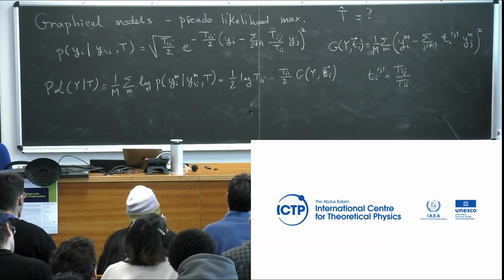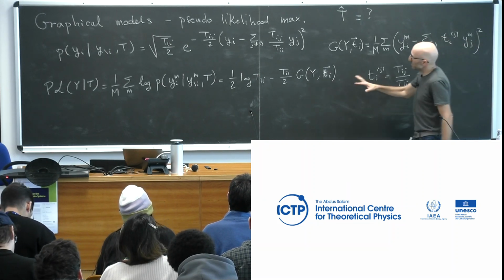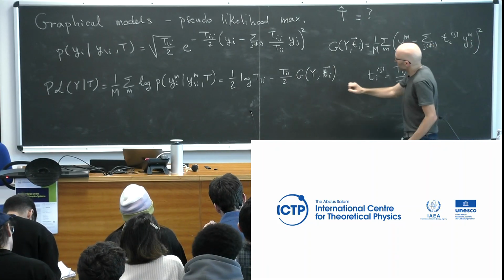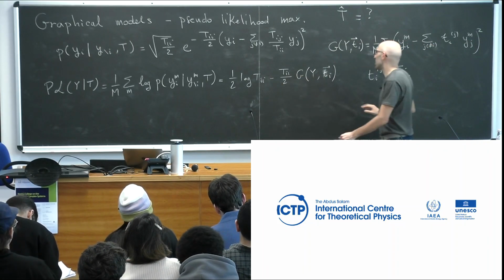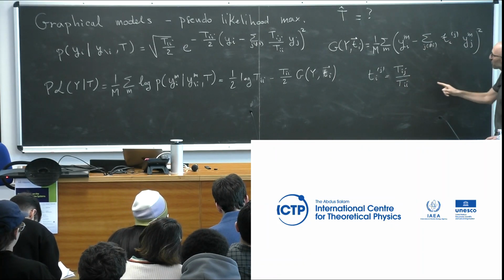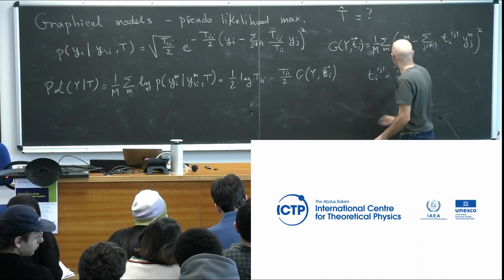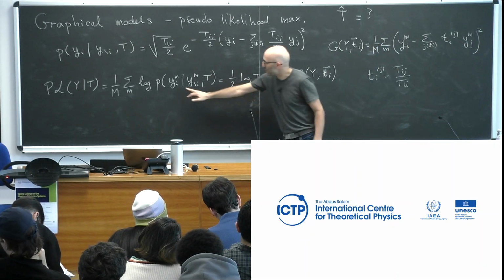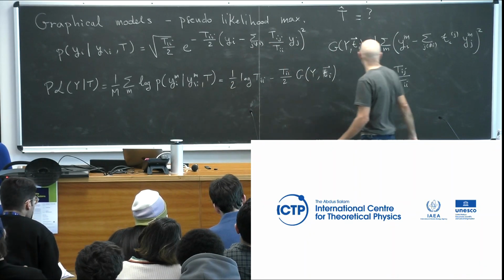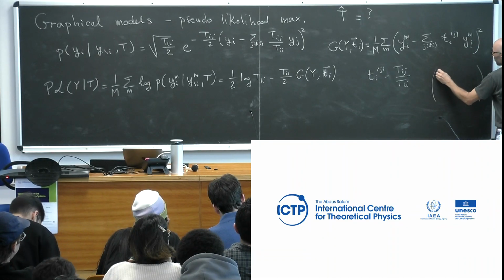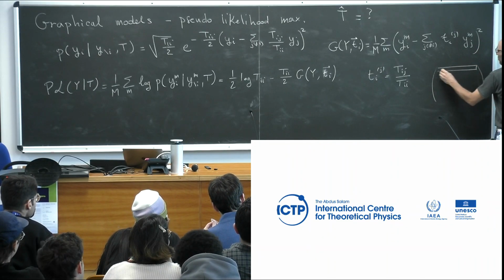Okay? So you see, and this is a general property of pseudo likelihood, that when you write the pseudo likelihood, it doesn't depend on the full matrix T, but it only depends on the elements Tij, where i is now fixed, right? So if you have your matrix Tij, this will only depend on one row.